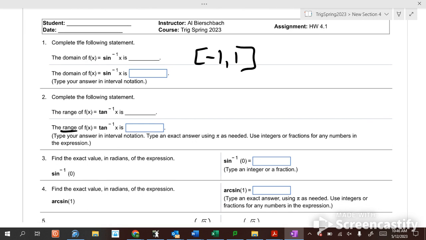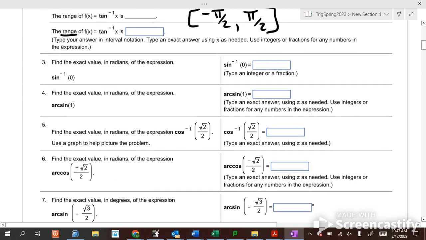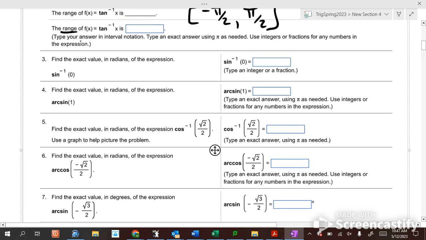And they ask, what is the range of tangent? Well, that's the old domain, which goes in between negative pi over 2 and pi over 2. Okay? So, this is where we start looking at our unit circle.